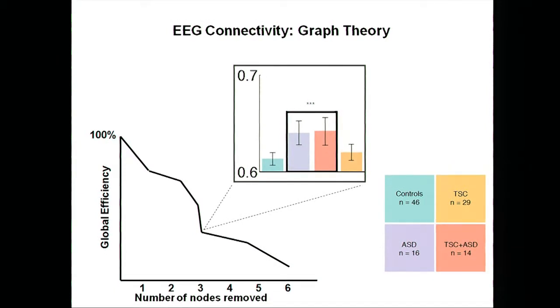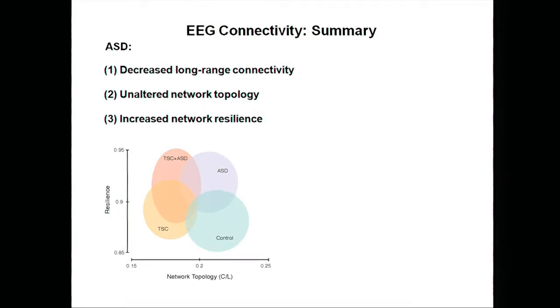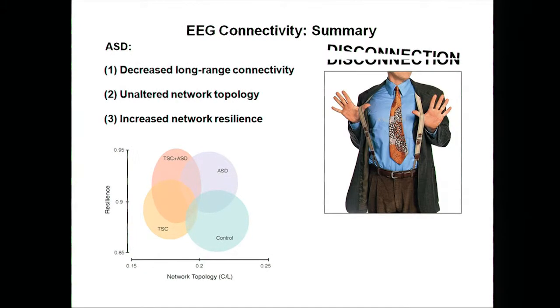So the network is unperturbed. So autism is characterized by decreased long-range connectivity, an unaltered network design, and an increased network resilience. And if you put that on a little plot, you can actually separate the groups out again. It fits with the theory of developmental disconnection, and the increased resilience is a little bit harder to explain.